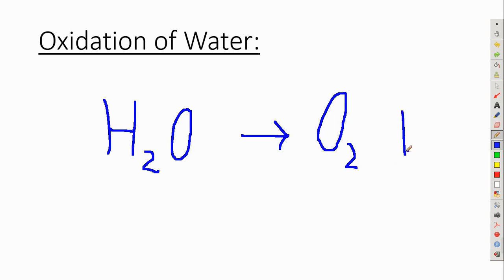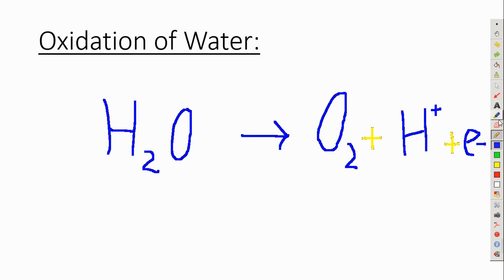So I'm going to add H plus, so protons. This is the plus for protons, and this is just the plus for the equation. Okay, and if we've got protons, we're also going to have electrons, so an e with a minus. That's the symbol for electrons.